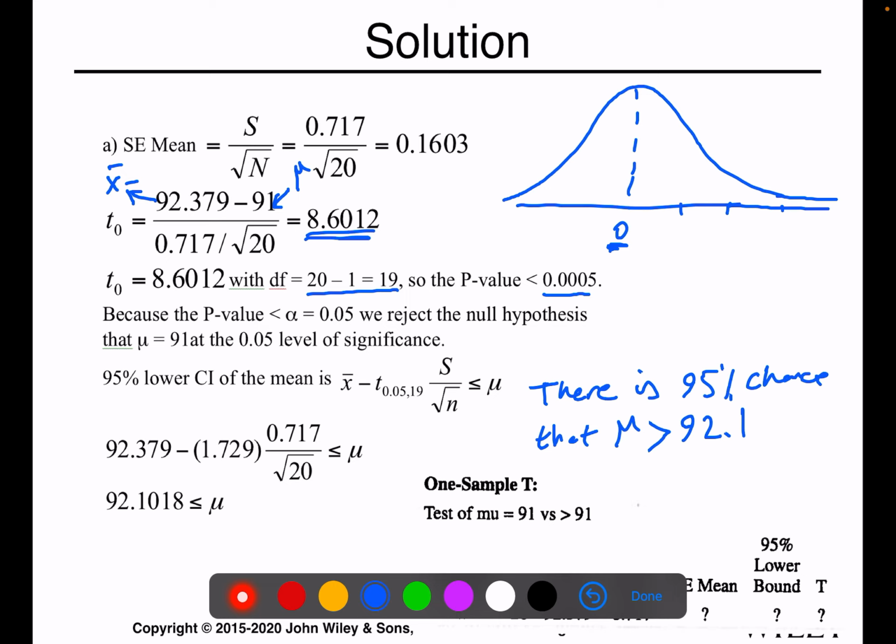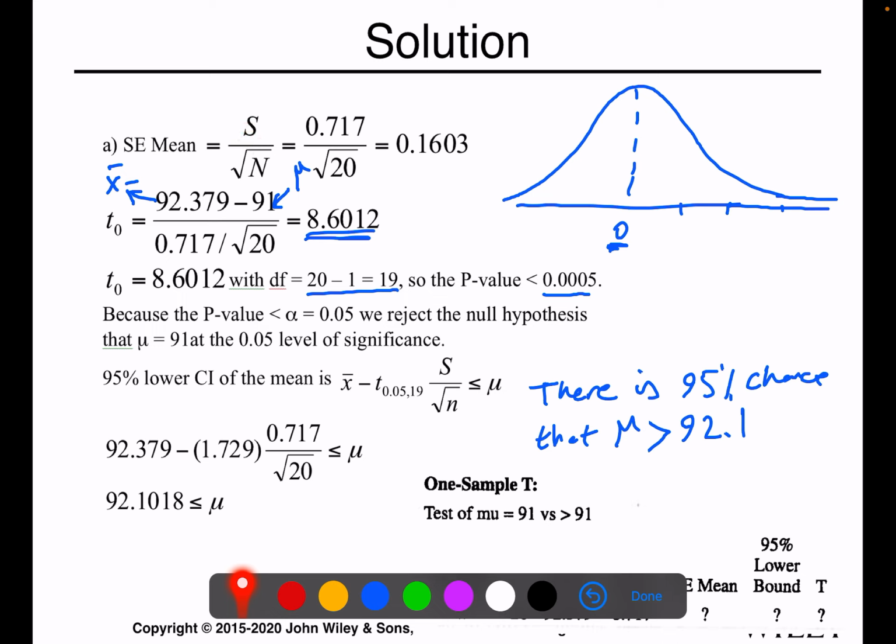Okay, so we can look at the numbers again to make sure everything makes sense. Note that the x bar we computed was 92.3, right? And S is quite small. S is only 0.7, so the standard deviation is quite small compared to the mean. And remember that the standard error is S divided by the square root of n, and we have 20 samples, right?